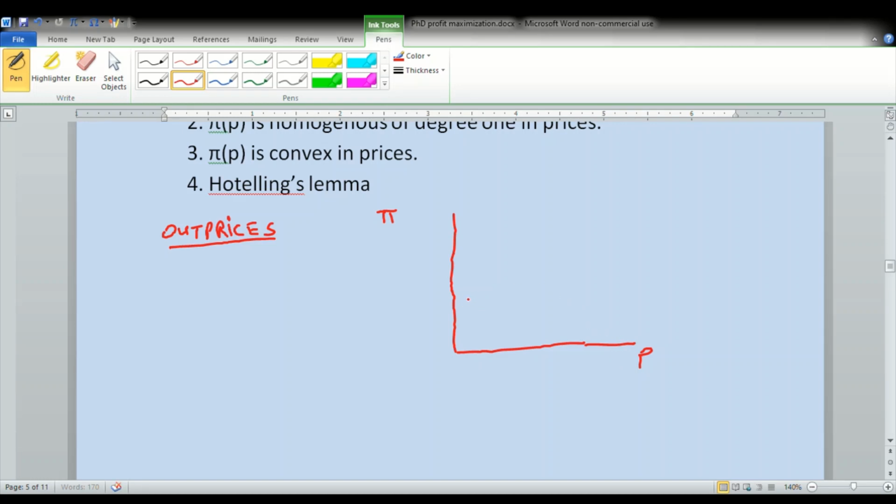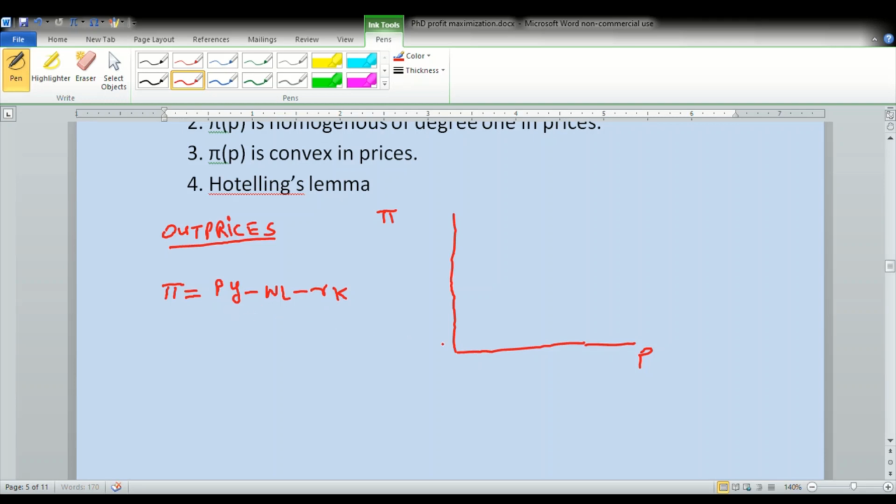Now draw the equation pi equals p y minus WL minus RK.